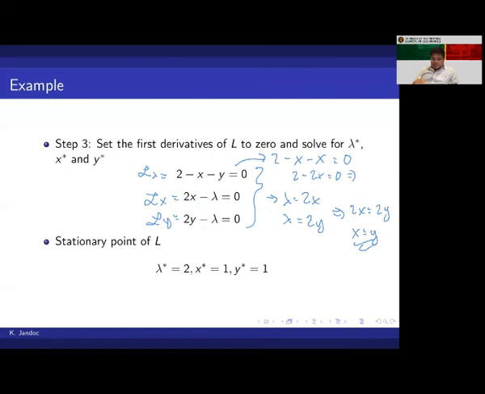This means that 2x equals 2, so x star is equal to 1. Since x equals y, the y star here is also equal to 1. Now, since lambda is equal to 2x, lambda star is equal to 2 times 1, which is 2. So therefore, you have these stationary points of the Lagrangian L.